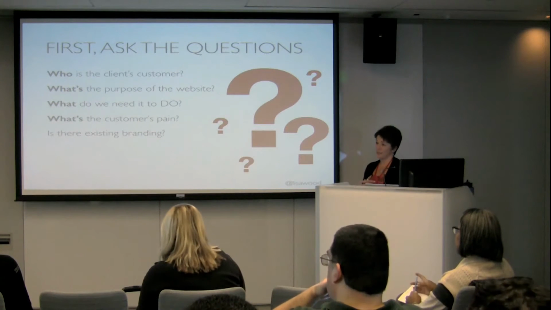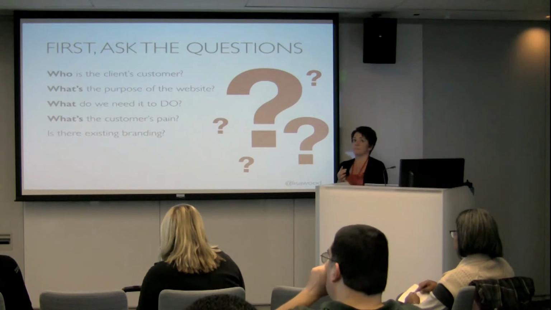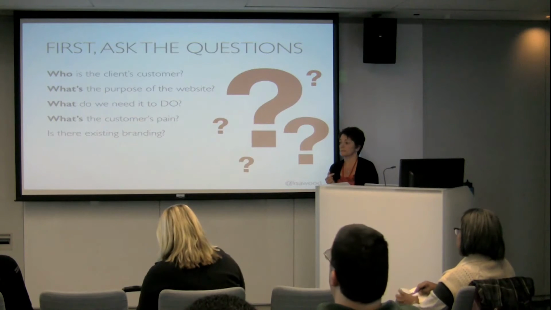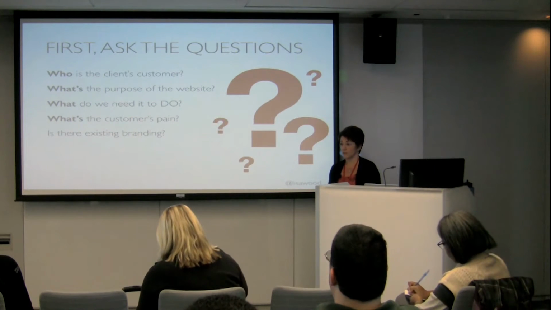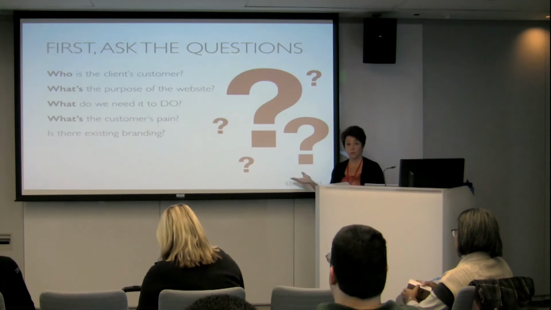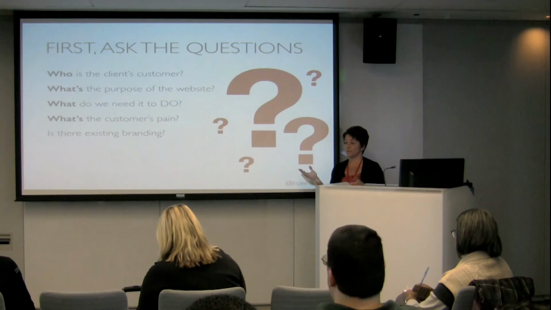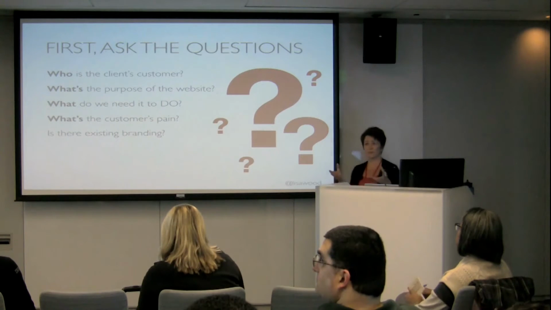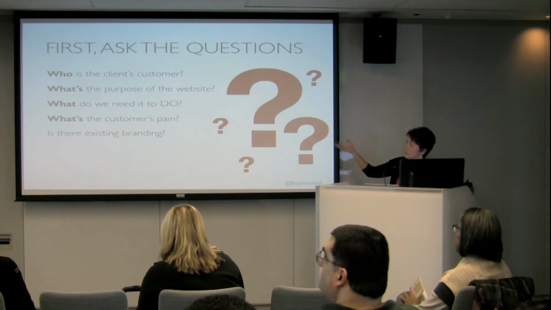What's the customer's pain? Is this a site for like an ADD client who can't deal with a lot of visuals and needs to be very simple and clear? Or is this for a store where we need to have lots of products with clear information and a lot of different categories and things like that? What do we need to do? What's the customer's pain?